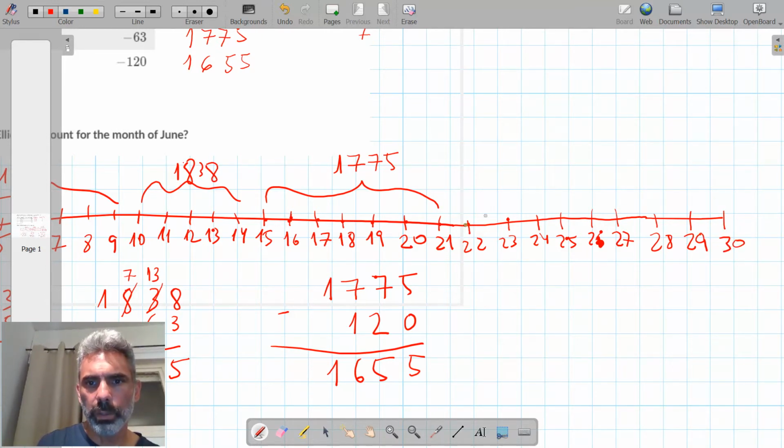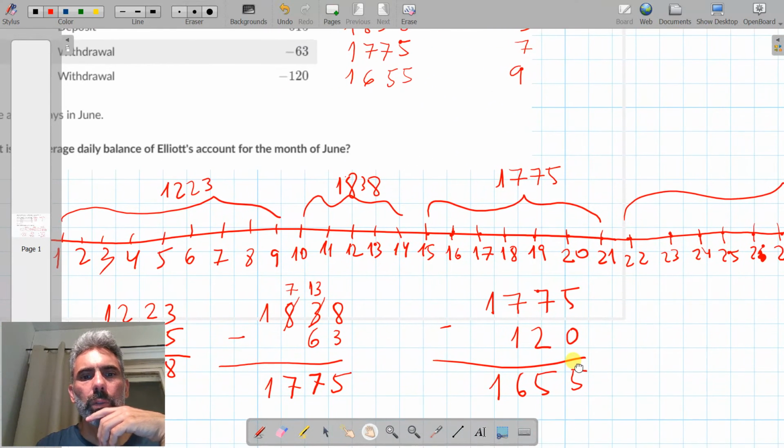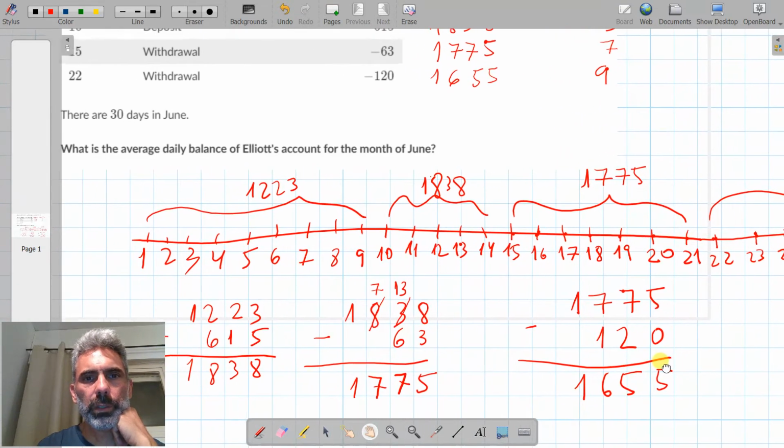So 1, 2, 3, 4, 5, 6, 7, 8, 9, for a duration of 9 days. The balance was $1,655.